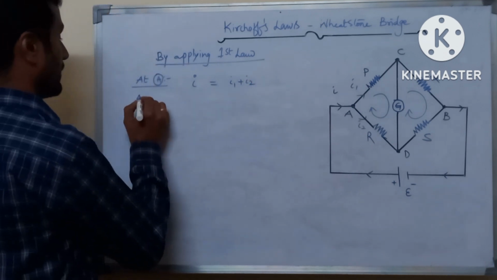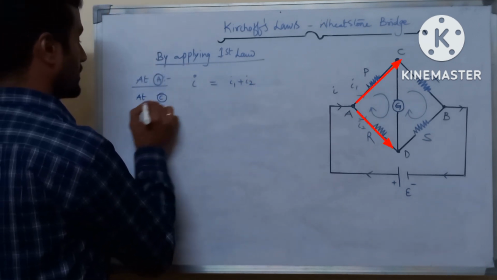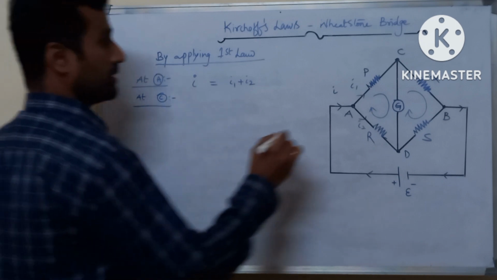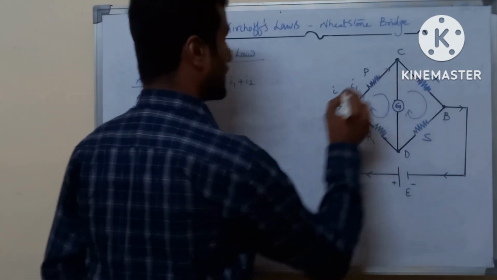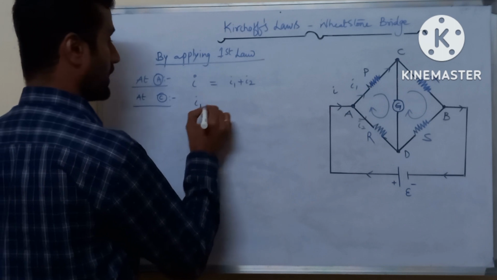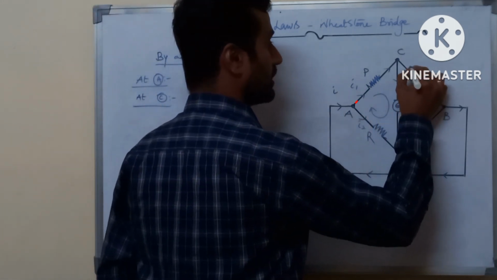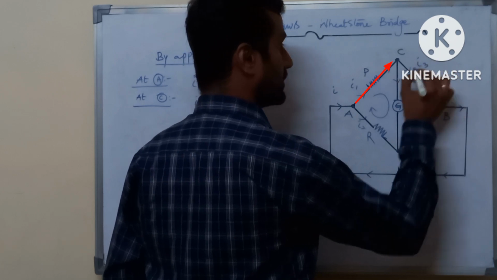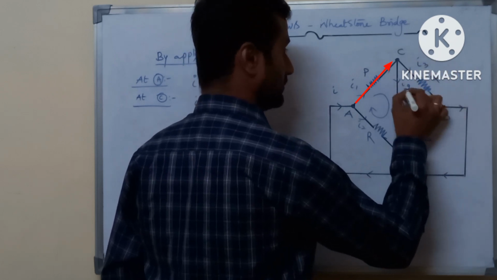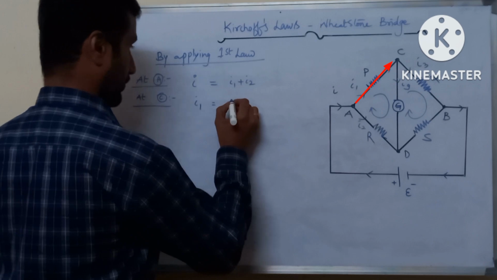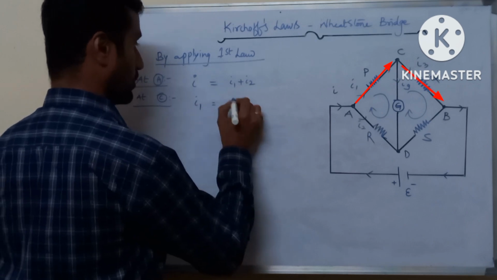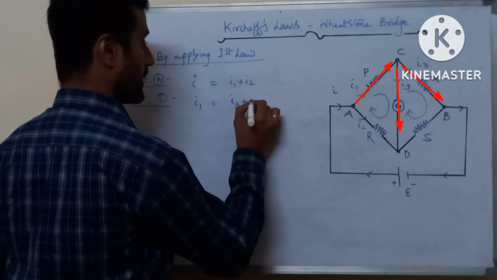Similarly, at junction C, the sum of the currents entering the junction is only I1. The sum of the currents leaving the junction are I3 and IG. So therefore, I1 is equal to I3 plus IG.